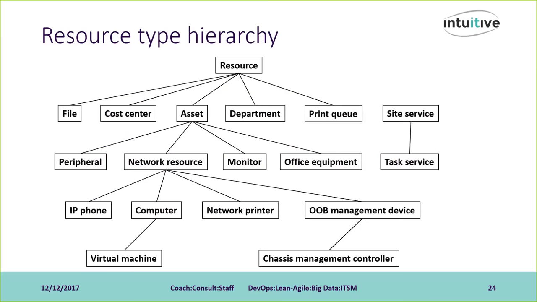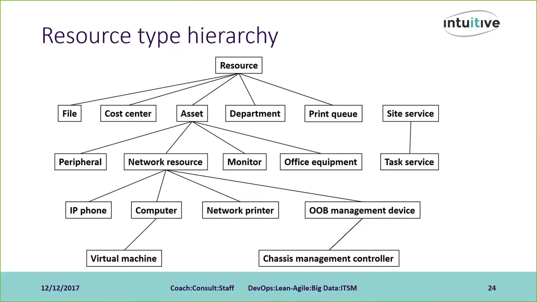Additional data classes and resource association types are added that extend the kind of information that can be stored from the child resource types. For example, if we consider the network resource, computer, and virtual machine resource types that we see over here, this branch coming up from virtual machine, the data class and resource association types from network resources are inherited by computer.